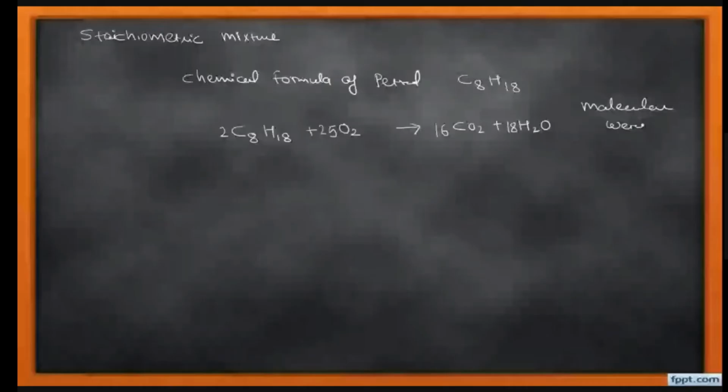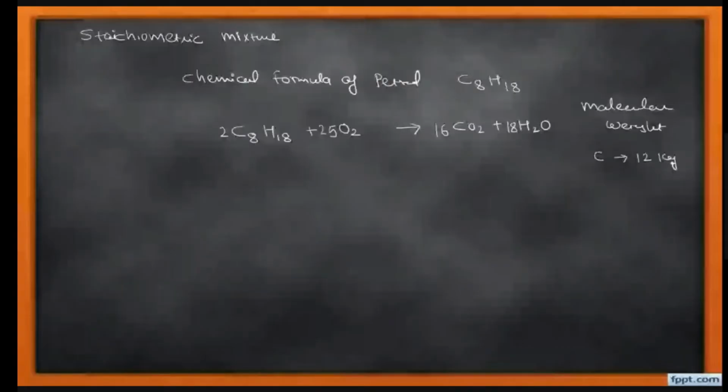Carbon has a molecular weight of 12 kg, hydrogen is 1 kg, and oxygen is 16 kg. So we write 2 in the bracket: the carbon atoms are 8 with atomic weight 12, plus hydrogen is 18 with 1 kg.